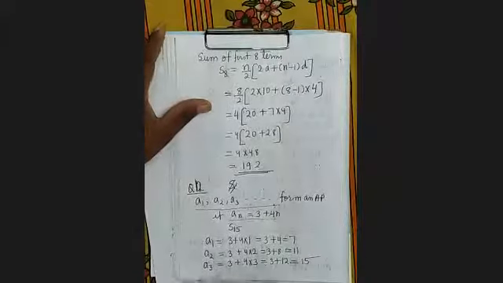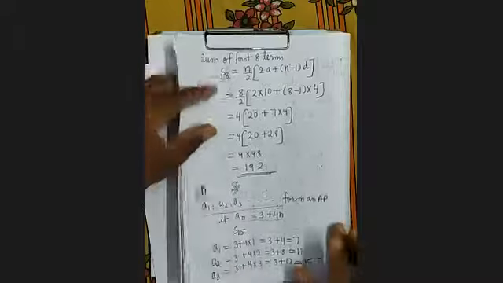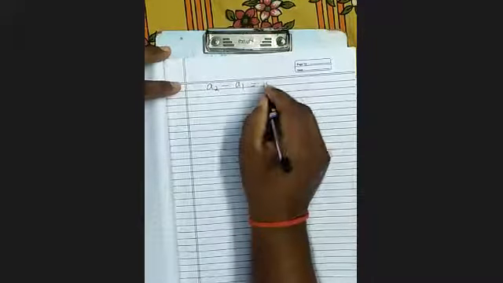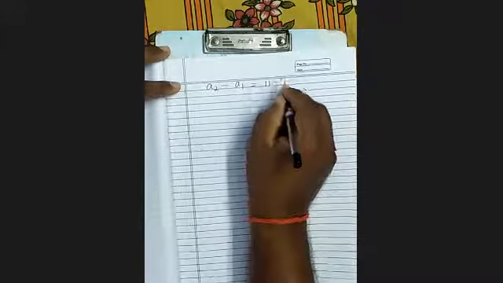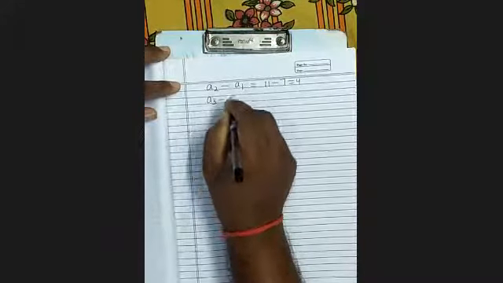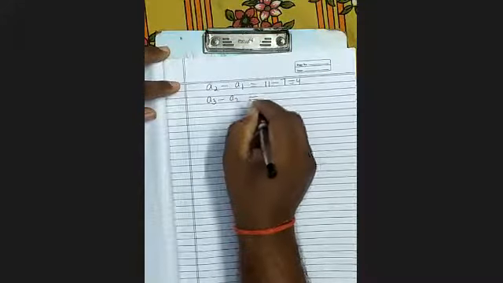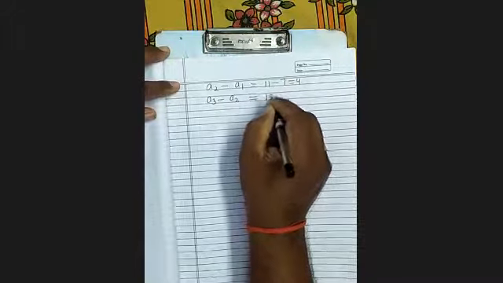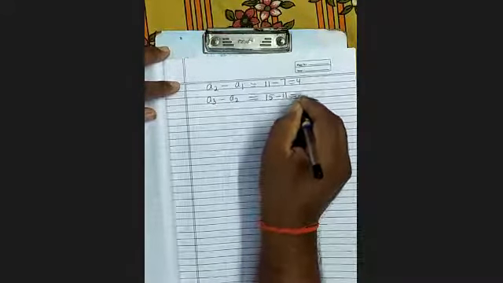Now you find out a2 minus a1. It is 11 minus 7, 4. Then you find out a3 minus a2. 15 minus 11, 4.